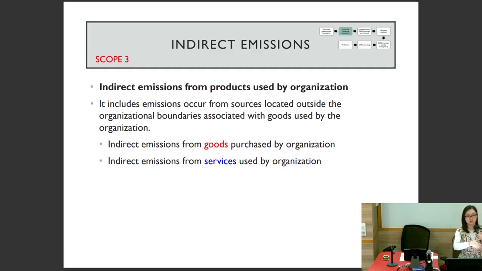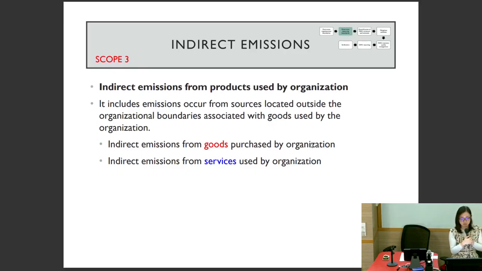Like in your company, when you take a tea break and drink a coffee, that coffee may indirectly contribute to greenhouse gas emissions. Then these would be under scope 3. These are goods purchased by your organization, or maybe the consumption of A4 paper, also goods purchased by the organization.